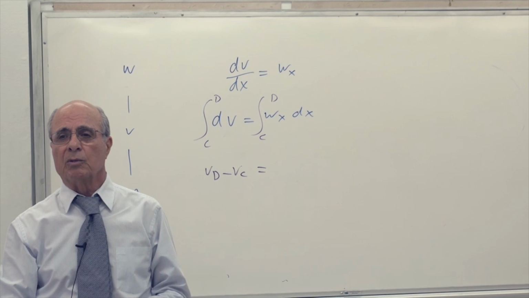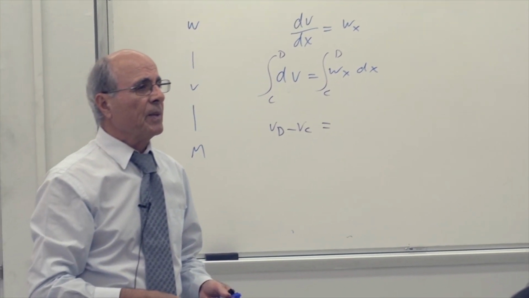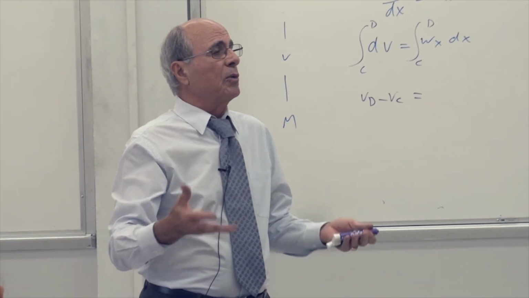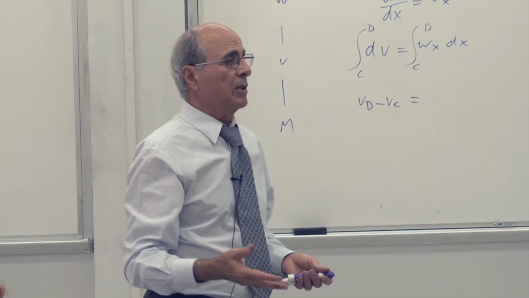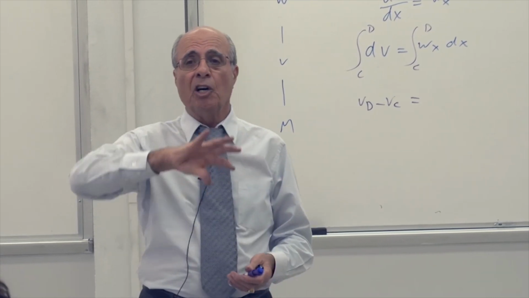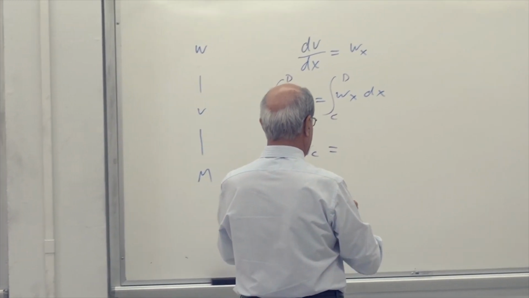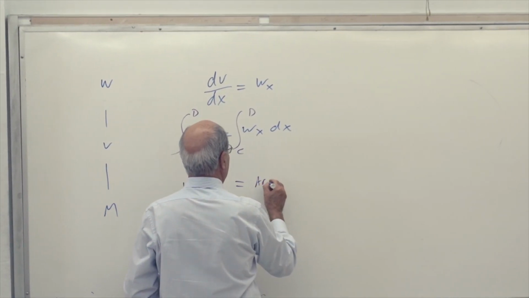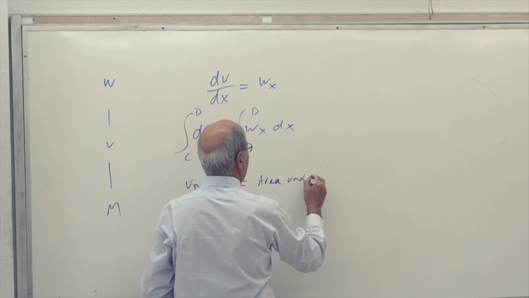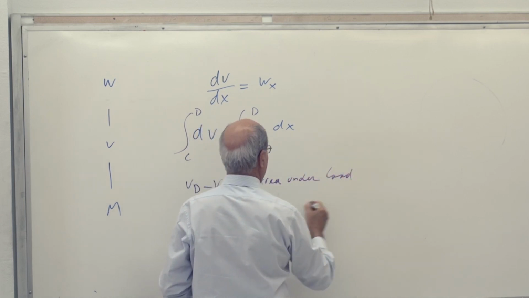Everybody knows that from calculus. What is that? That's area. The integral of f(x) dx is always the area under the curve, but since it is w, it must be the area under w. Is that understood? So write it down: area under load from C to D.